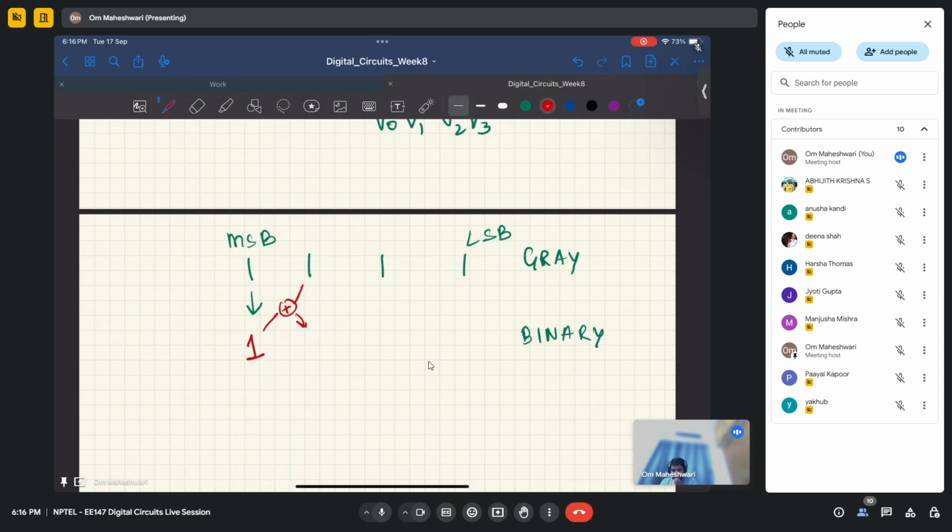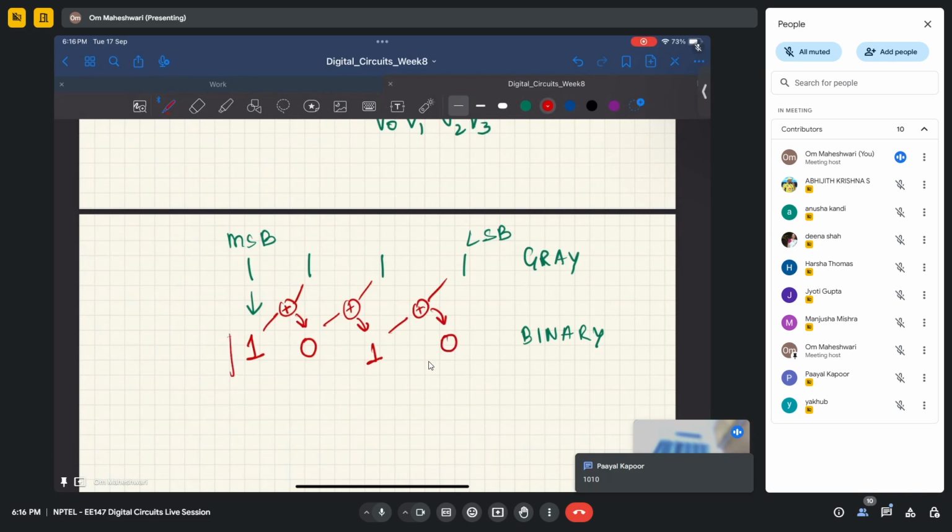XOR of these two is 0. Again, XOR of these two is 1. Then XOR of these two is 0. So your answer is 1 0 1 0.